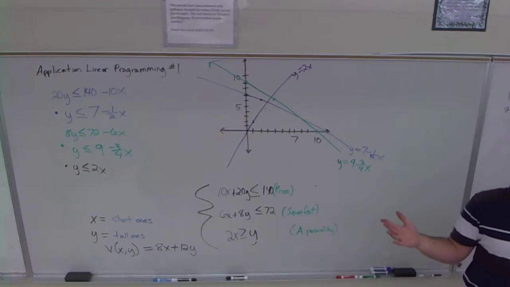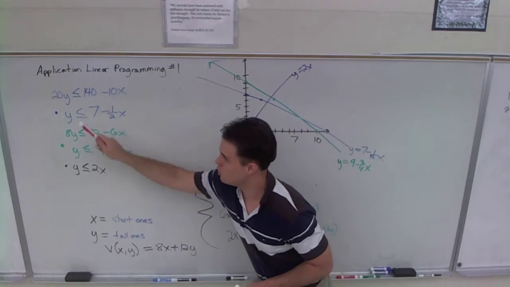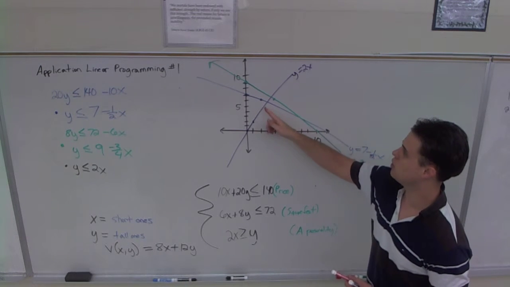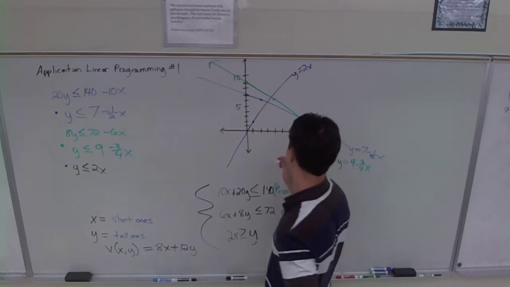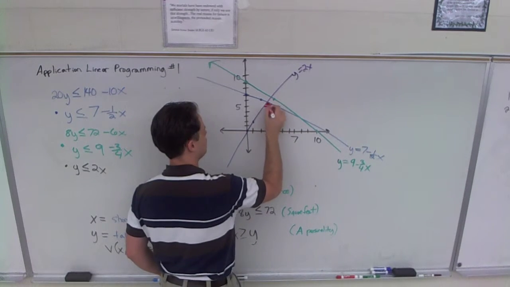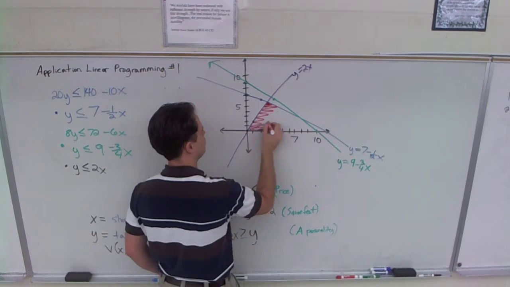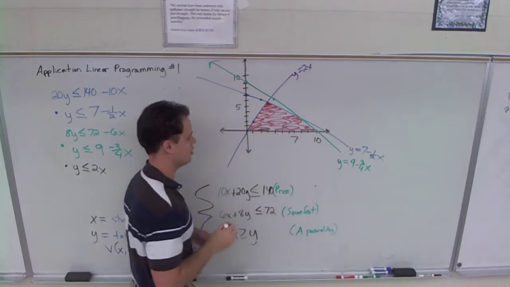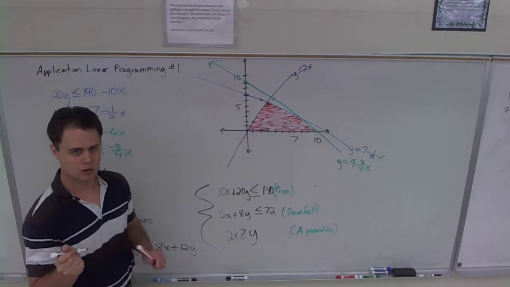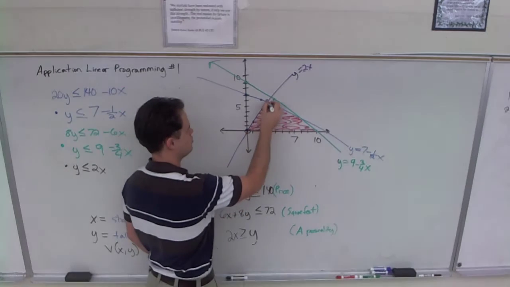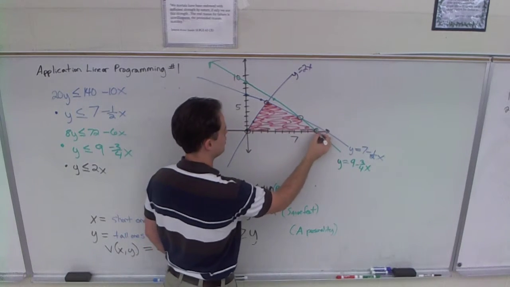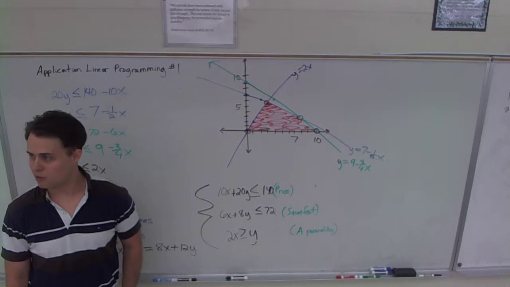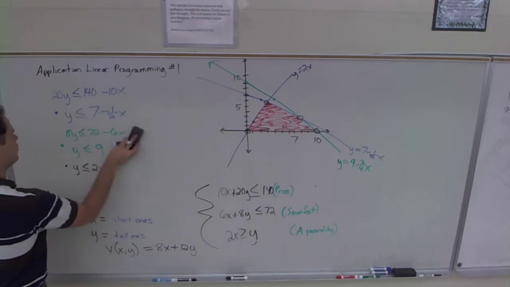Below the green, below the blue, that's down here. Below the purple is over here. It's this triangular thing. Is it really a triangle? No. How many corners does it actually have? 1, 2, 3, 4. There we go. So we've got 4 defined for our table.